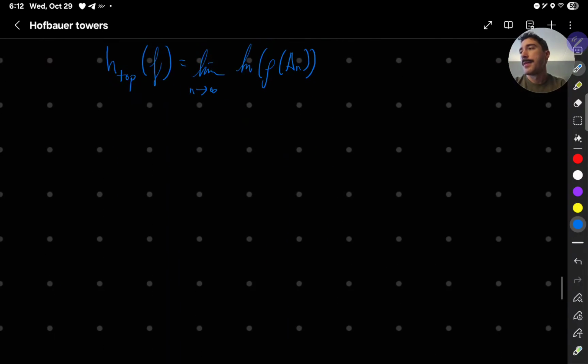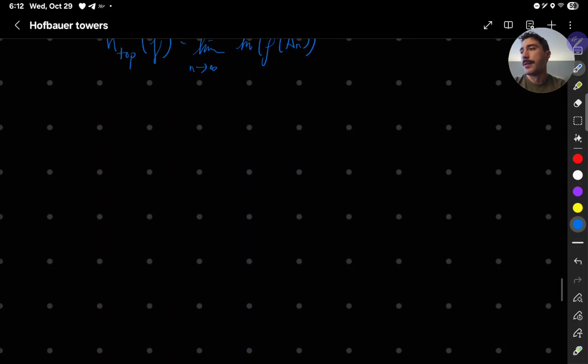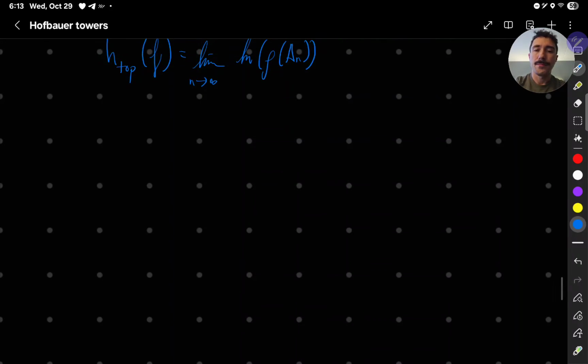The Hofbauer tower, the data from it, the cutting times and the kneading map, imply something very strong about the kneading sequence, which was that E1, E2, and so on sequence.